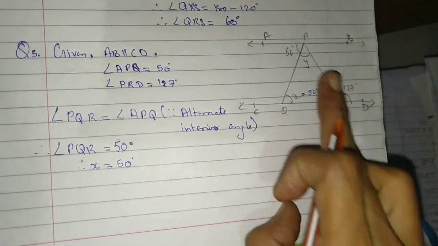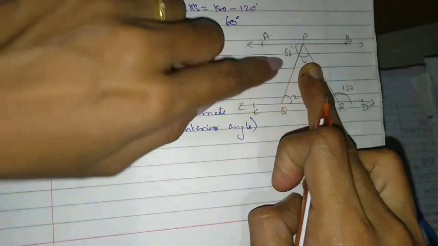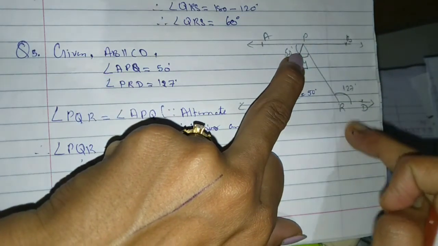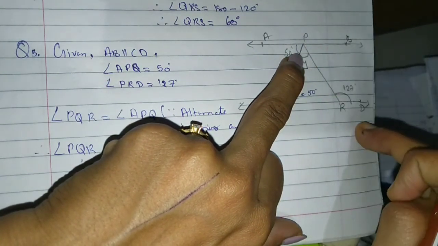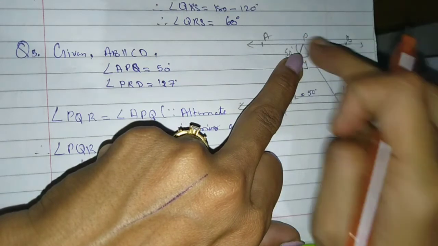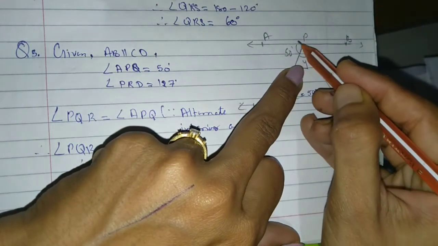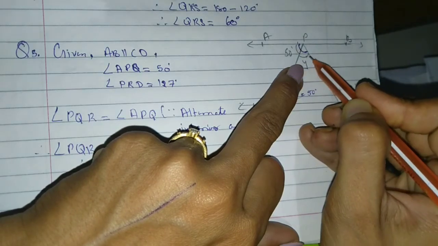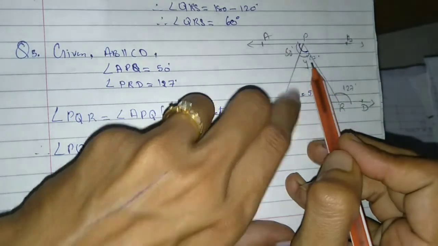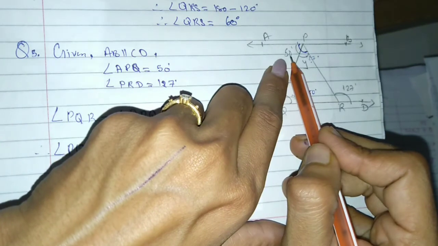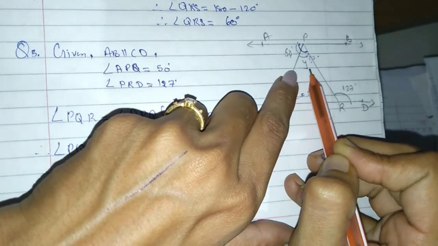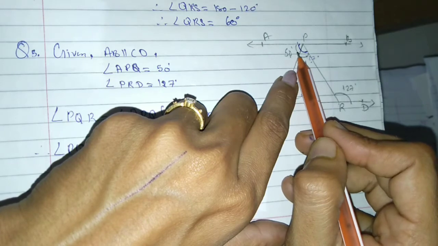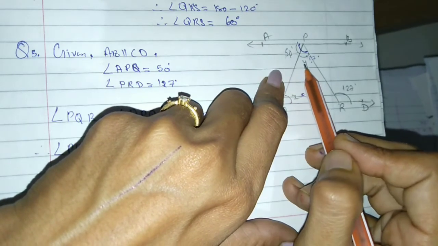Now what do we have to find? Y. Now just see that if this is the transversal line, then PRD is equal to APR, this whole. Okay, if this whole is 127, now we can subtract 127 minus 50, so we can find y, because its whole is 127 equal to 50 plus y.